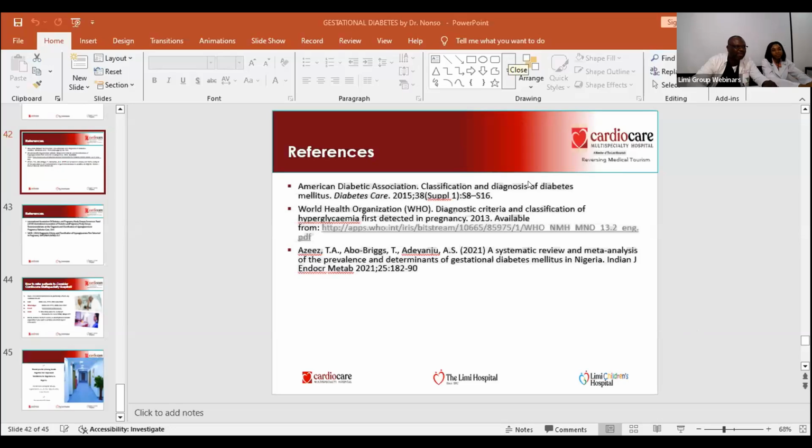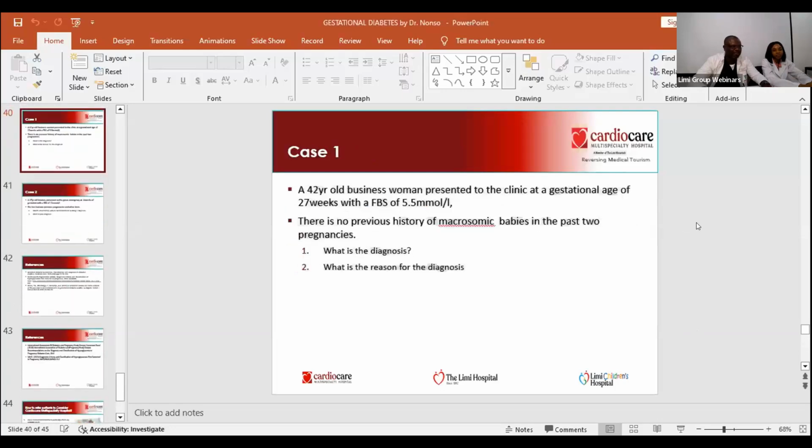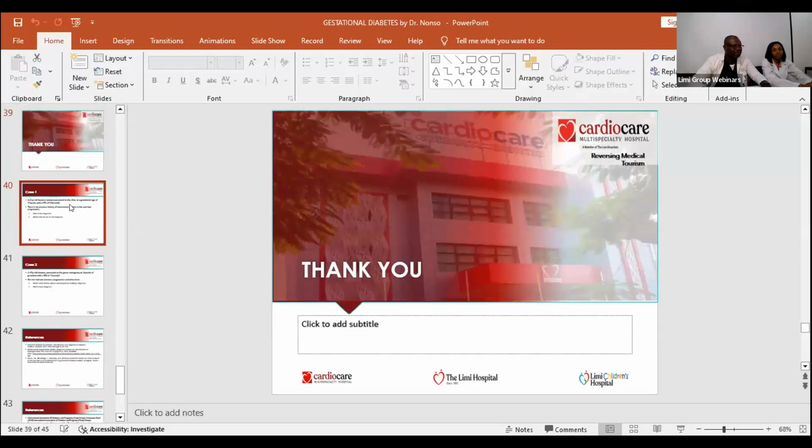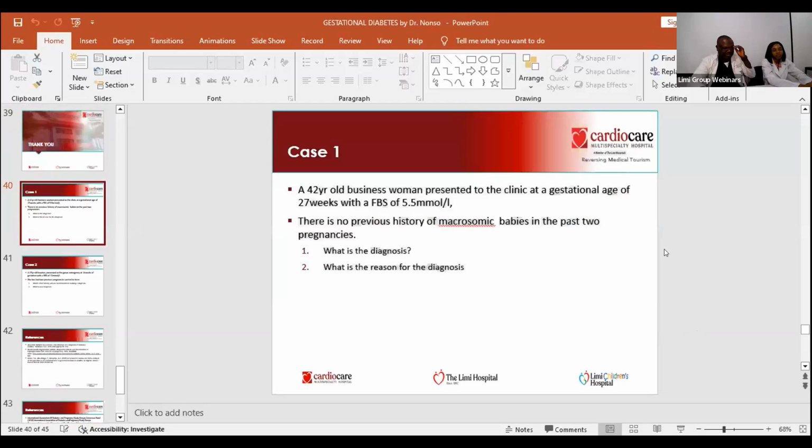Why did I make the first one 5.3, and what was my 5.5? It will sound like a normal blood glucose to you. But according to the IADPSG criteria, this patient would have been missed in the diagnosis. And look at the gestational age, 27 weeks. That's at the peak of HPL production.